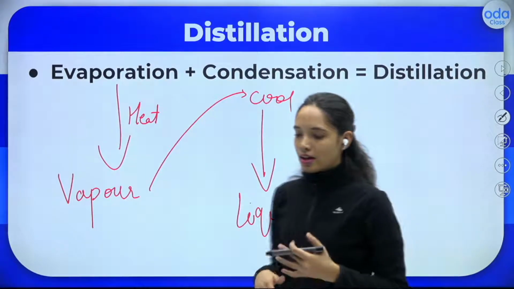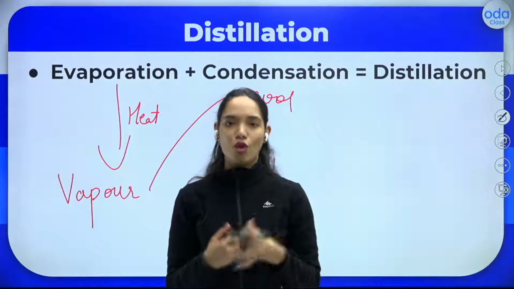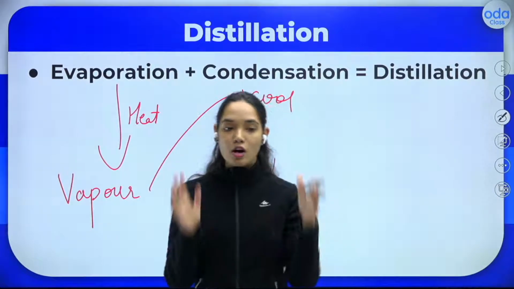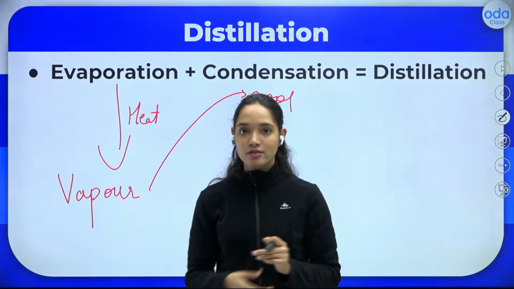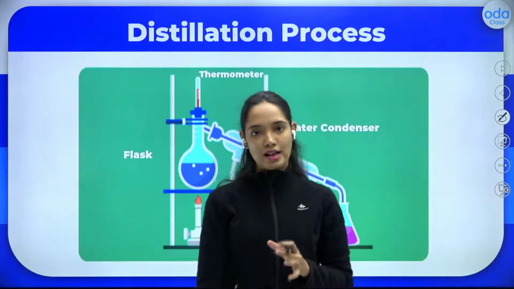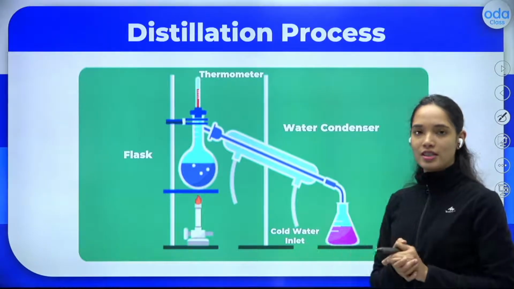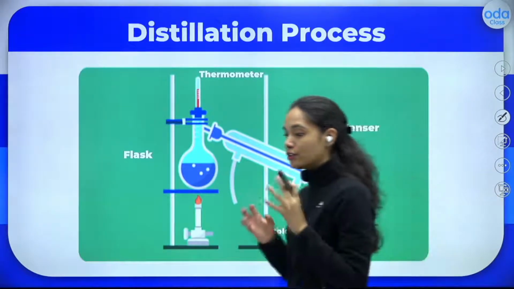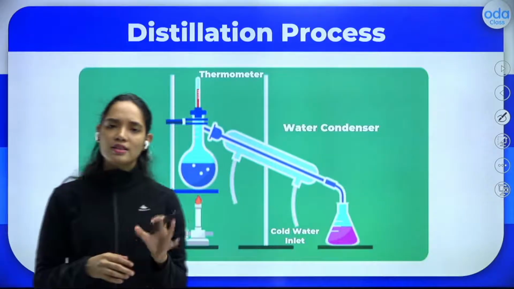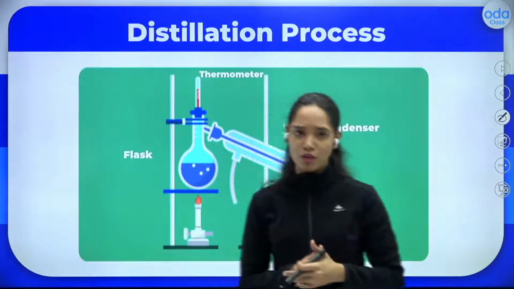So students, it's not that easy to achieve distilled water. We need a proper setup for that, and that is a distillation unit. Students, you will find this unit in the laboratories. Specifically in all the science laboratories, you will find distilled water because this is the purest form of water.